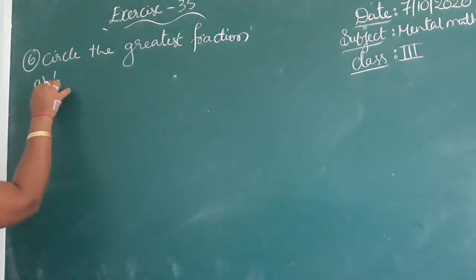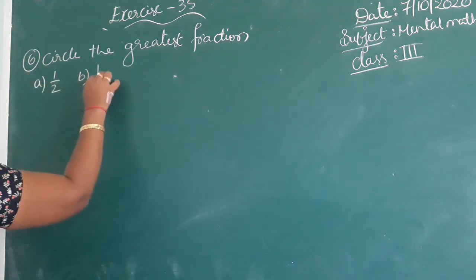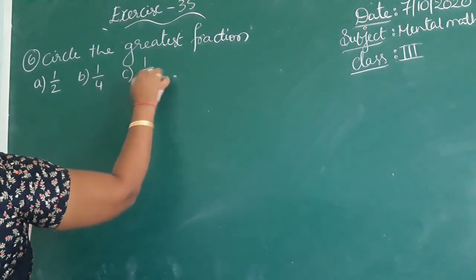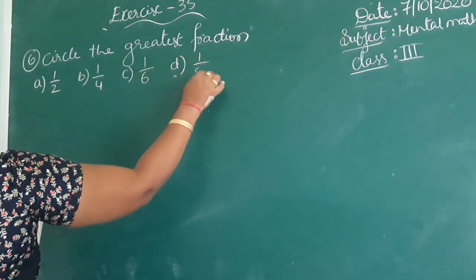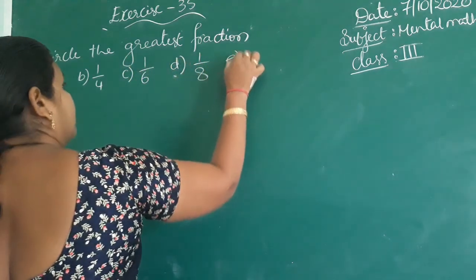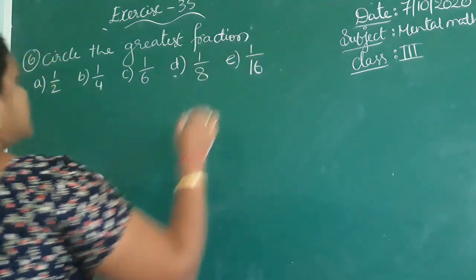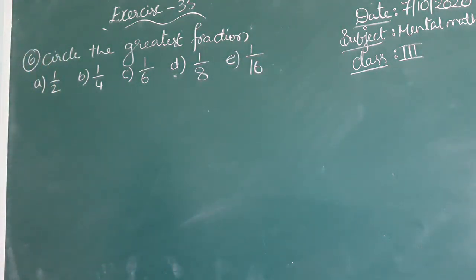A 1 by 2, B 1 by 4, C 1 by 6, D 1 by 8, E 1 by 16. Children, if you observe, we have to choose which one is the greatest fraction.